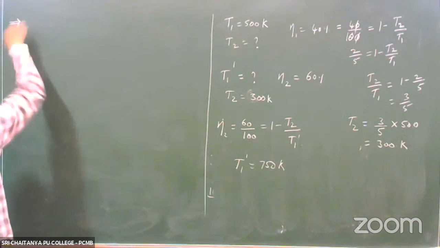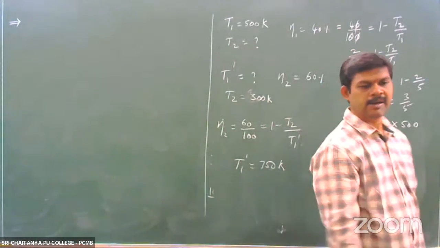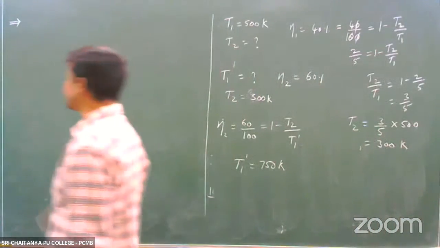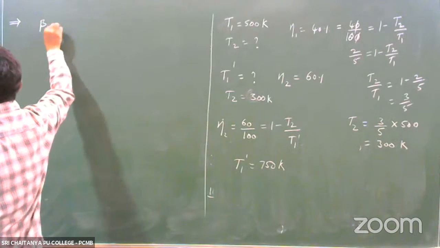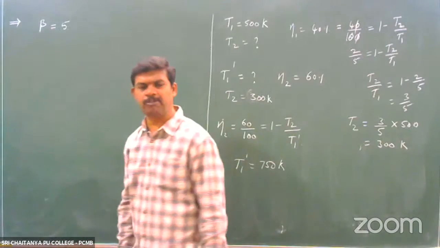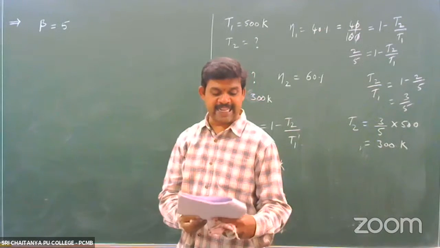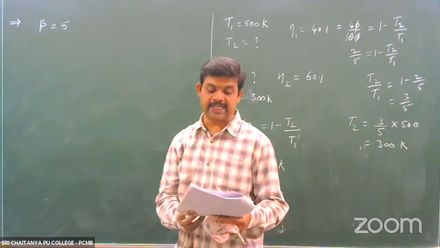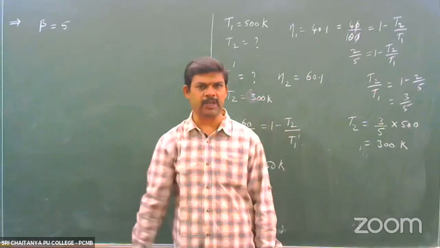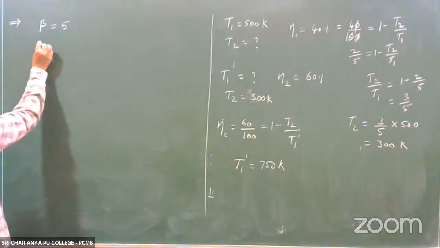A refrigerator. Write down the next problem. You try this. A refrigerator whose coefficient of performance beta is given as 5 extracts heat from the cooling compartment at the rate of 250 joules per cycle.